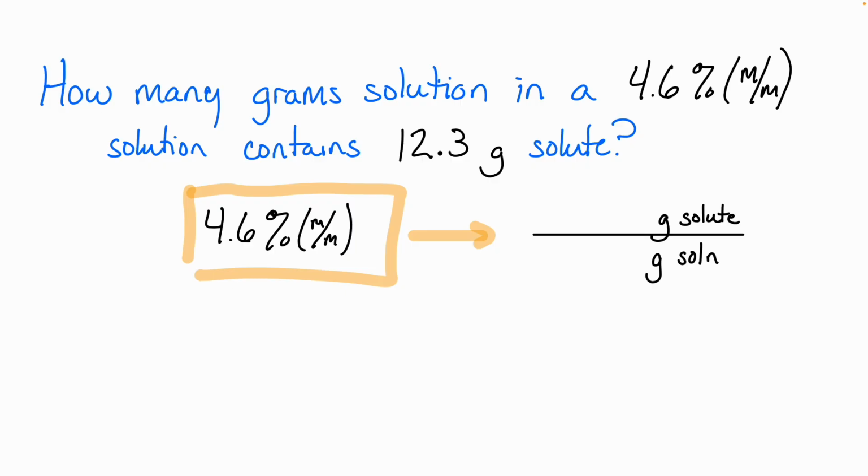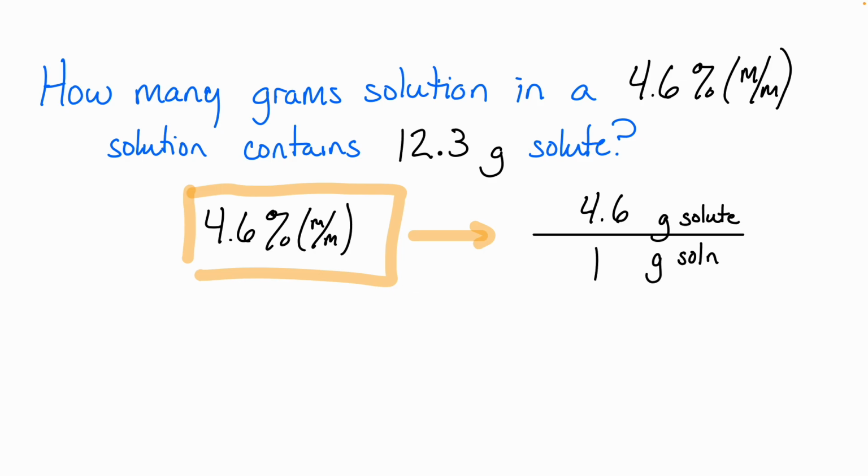According to this number, 4.6%, I have 4.6 grams of solute. But is that in 1 gram of solution? Logically, does that even make sense? Can I have 1 gram of solution that contains 4.6 grams of solute? No. So this is a little different from the other ones.